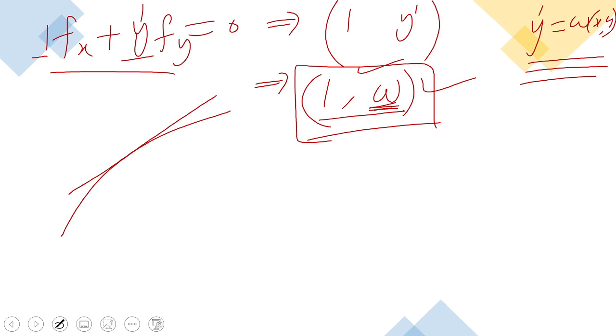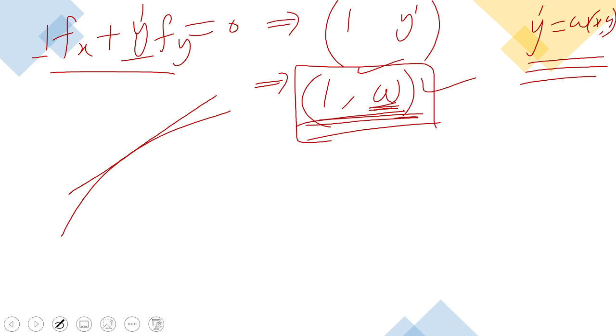So what will be my result? I will take a differential equation of any order and convert that into a linear first order differential equation, and I will get a tangent vector, and then the tangent vector is integrated to get the original solution space.